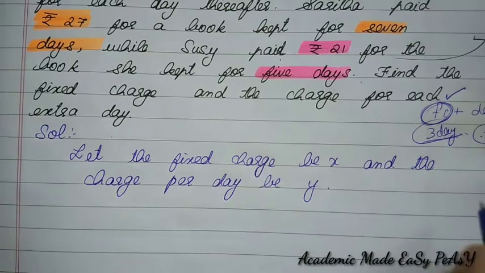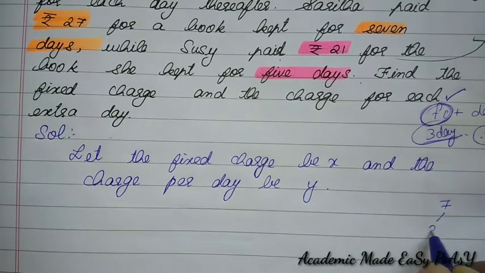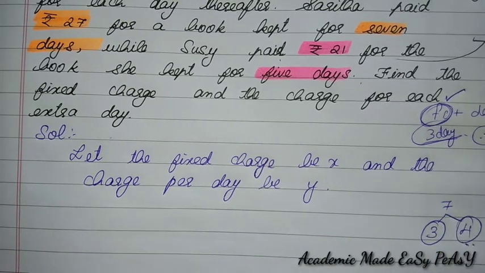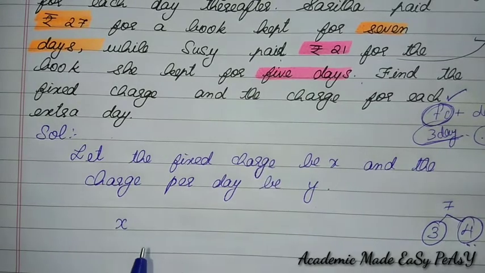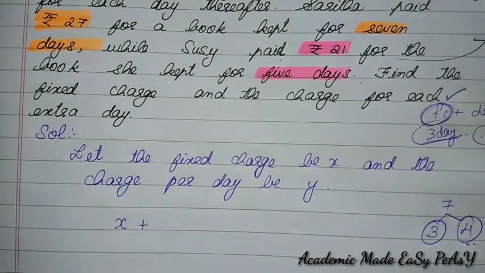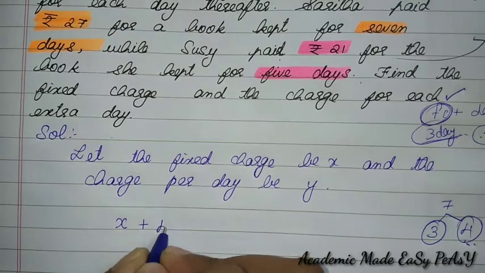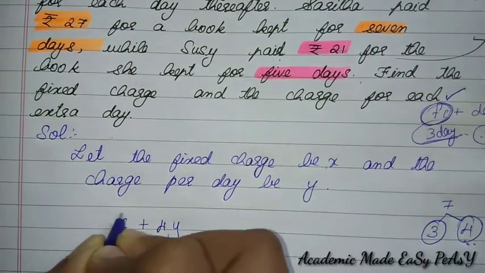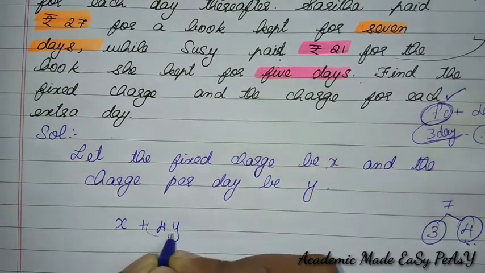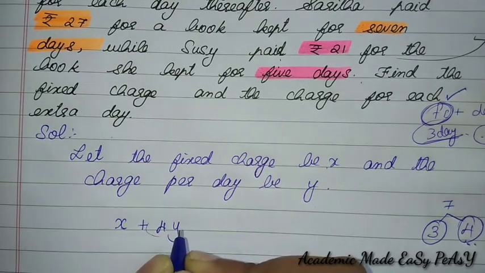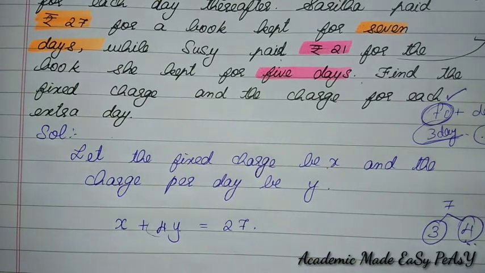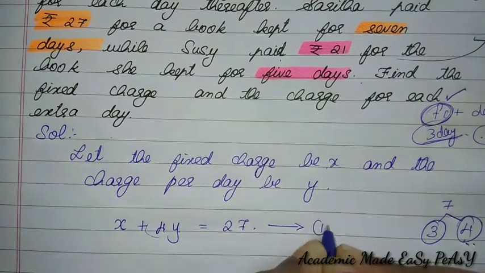It means that of the 7 days, the first 3 days are for the fixed charge. And what is remaining? 4. For these 4 days only we will be calculating. So x is the fixed charge for the first 3 days, plus the next 4 days multiplied by y, the charge per day, is equal to 27. So x plus 4y is equal to 27 rupees. Let this be equation 1.